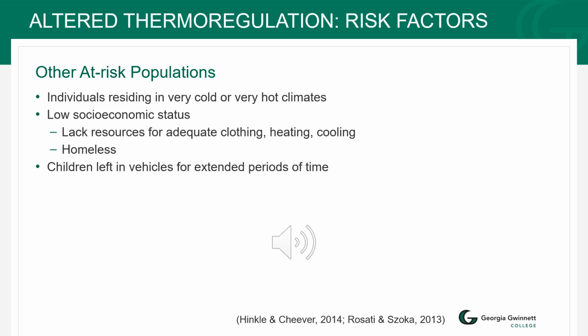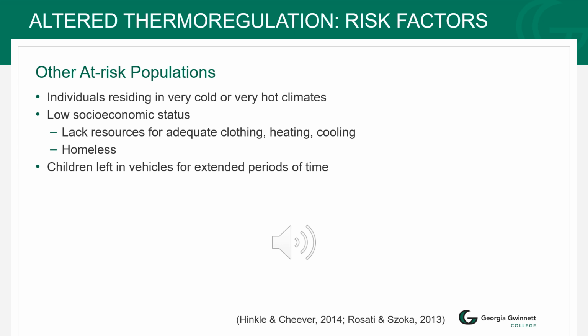Other at-risk populations include those of low socioeconomic status. Oftentimes, the homeless are out in extreme cold and extreme heat, and they lack the resources for adequate clothing. Their environment puts them at risk of altered thermoregulation. People that live in very cold or very hot climates are at risk for altered thermoregulation.